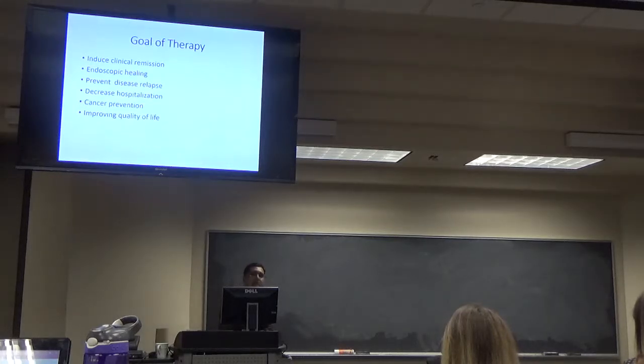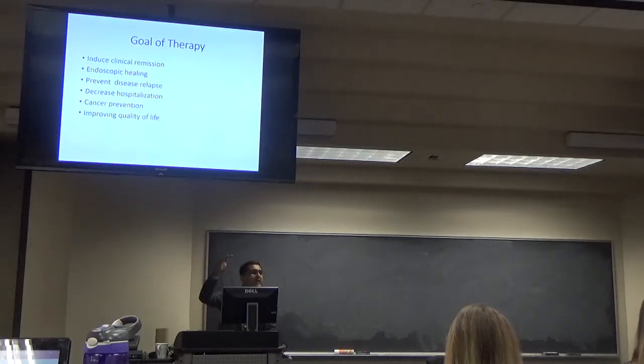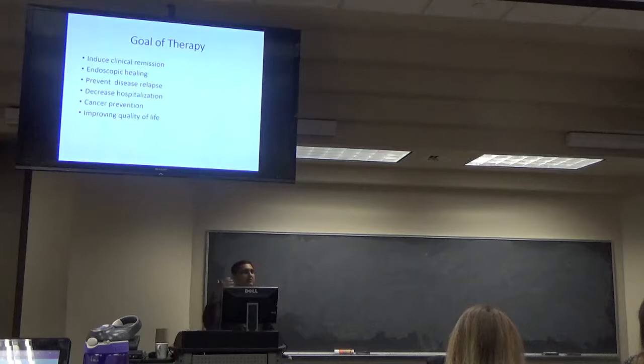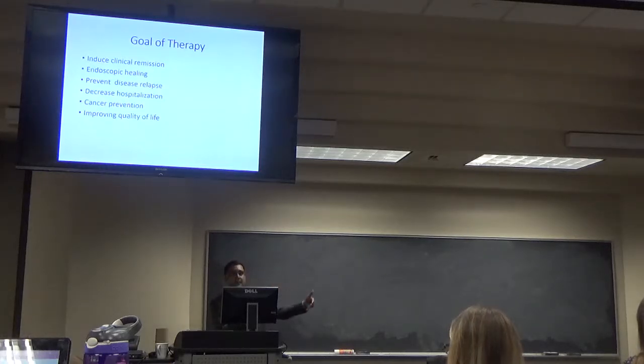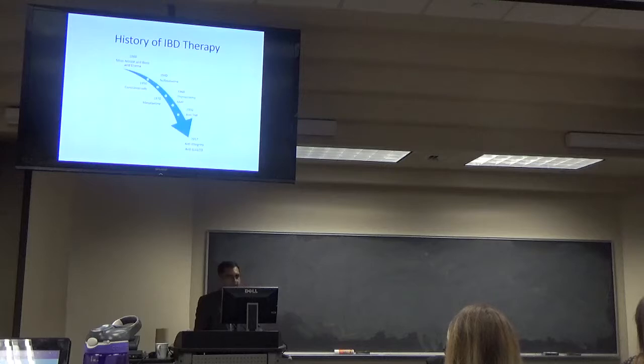You want that because you want that 80% risk of surgery in Crohn's disease to come down. You want that so that you can decrease their hospitalization because we all talk about cost of care these days. So we need to reduce the healthcare cost in these patients. So it's important that you understand the goals because then you will pick the right medication for that patient.